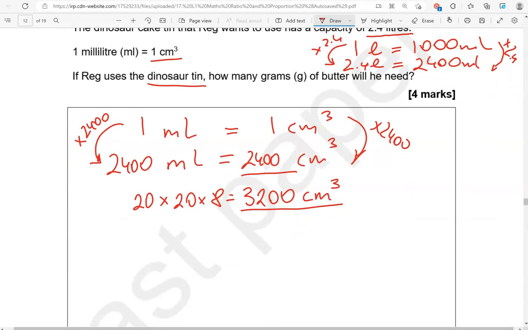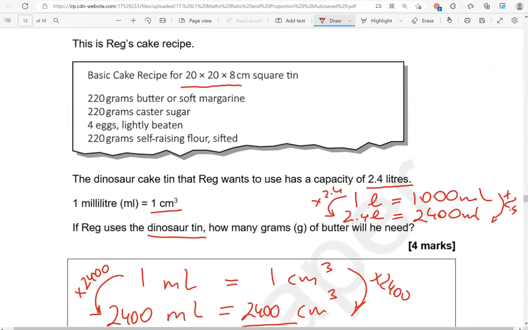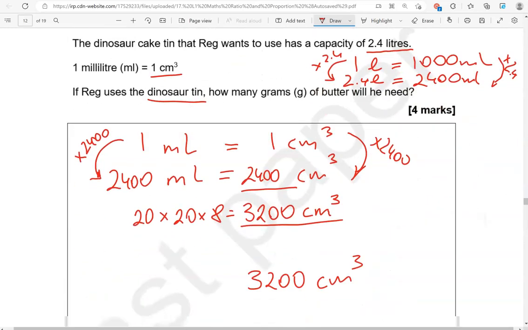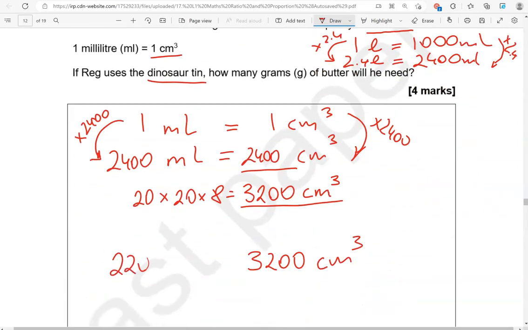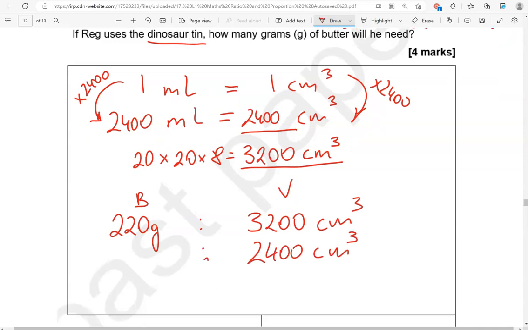For 3200 cubic centimeters, 220 grams of butter are needed. What about 2400 cubic centimeters? How much butter is needed? What do you multiply 3200 by to get 2400?